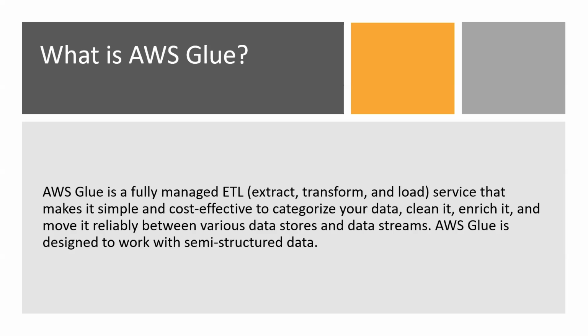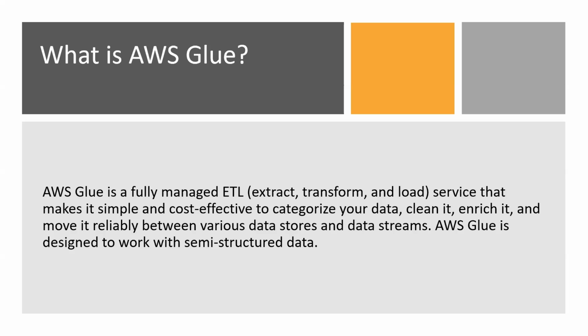AWS Glue is designed to work with semi-structured data. It introduces a component called dynamic frame, which we can use in our ETL scripts. A dynamic frame is similar to an Apache Spark data frame, which is a data abstraction used to organize data into rows and columns, except that each record is self-describing, so no schema is required initially.